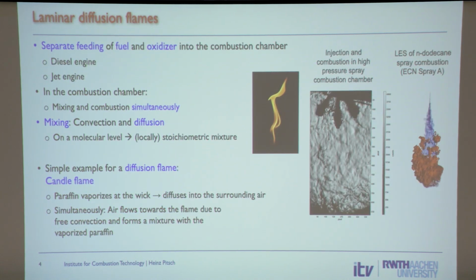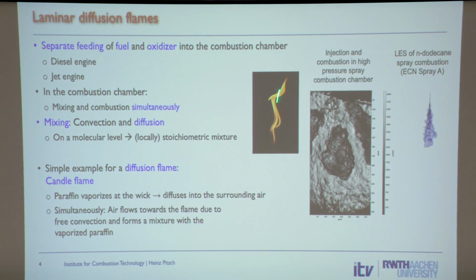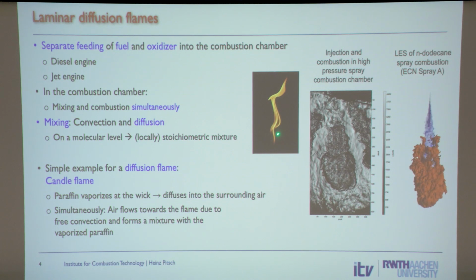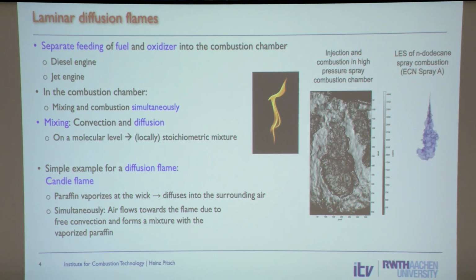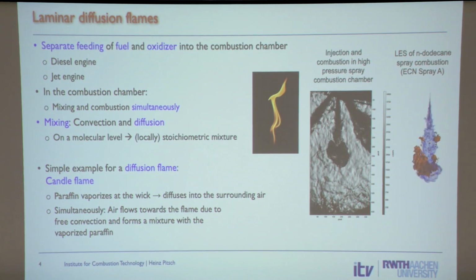So this shows different examples of non-premixed combustion in technical systems. This is my little burner photo I took a long time ago. You have a gaseous fuel coming out of the nozzle, you have the air in the surroundings, they mix, and while they mix, they burn. There's always a region that's very rich and a region that's very lean.